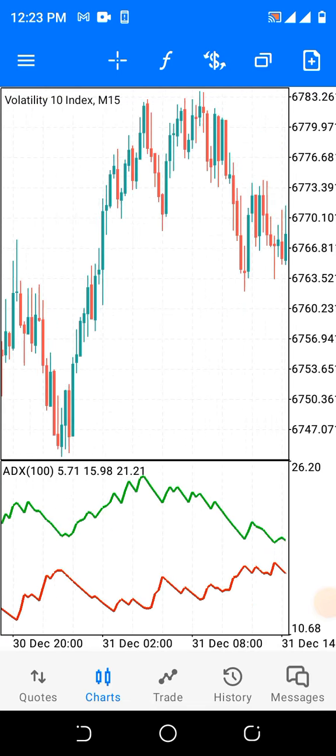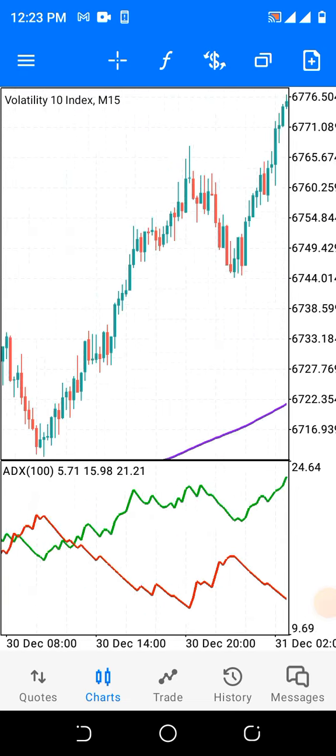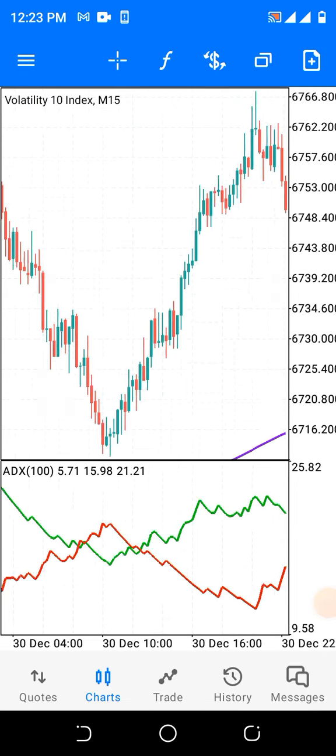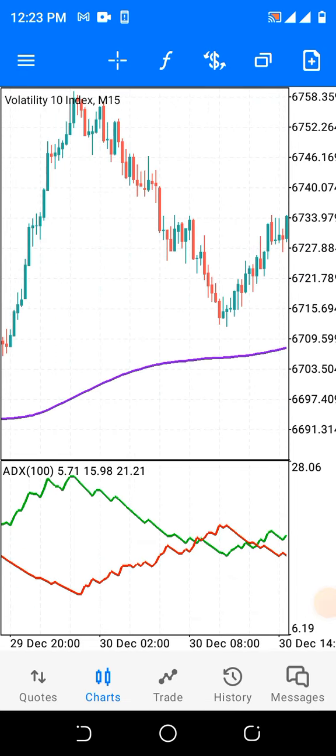First of all, you need to identify the direction of the market with the help of a moving average. When the price is above the moving average, the market is in an uptrend.